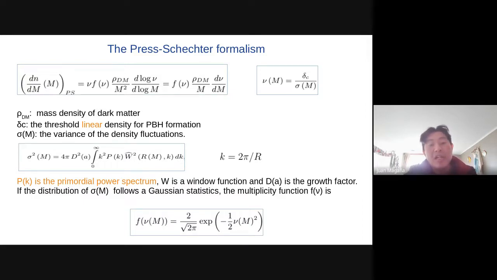One of the main ingredients to calculate the variance of the density fluctuation is the primordial power spectrum, this quantity here. If we have the functional form for a primordial power spectrum, then we can calculate the variance of the density fluctuation, then we can calculate the new parameters, and after that we can obtain the mass function.